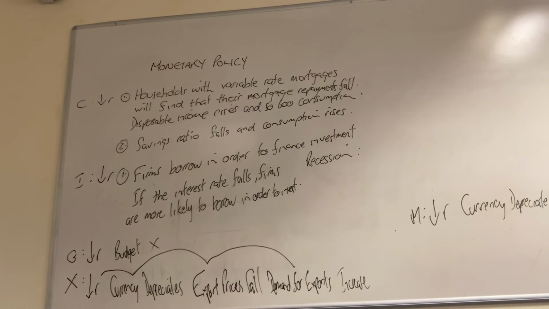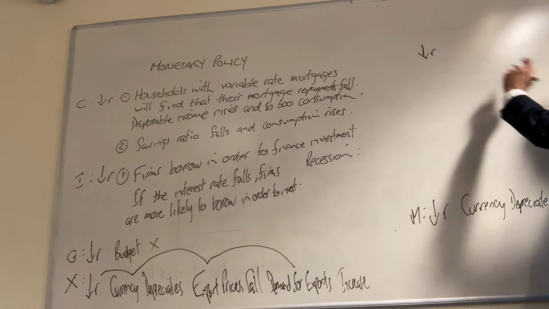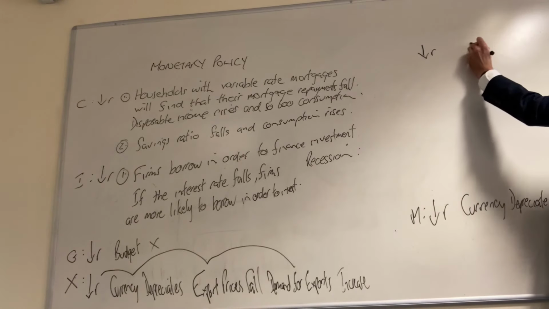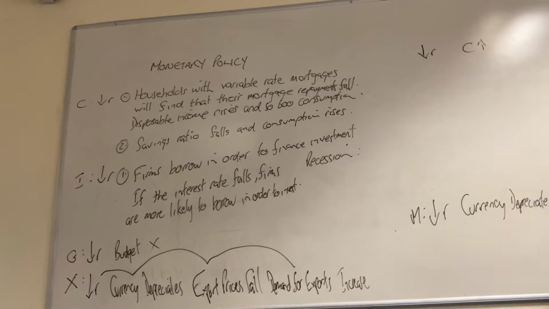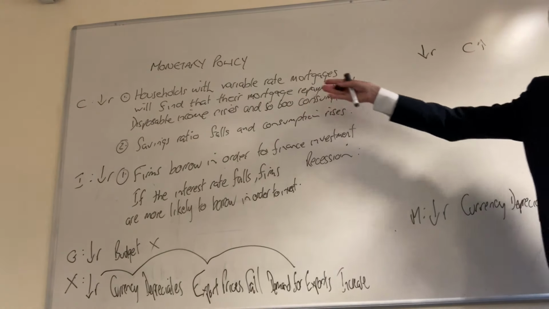So let's now look here at what we're saying. We're saying if you reduce the interest rates, what happens to C, Thomas? As in bigger or smaller? C will increase, because we've already said households will spend more because they have more disposable income and they will save less.